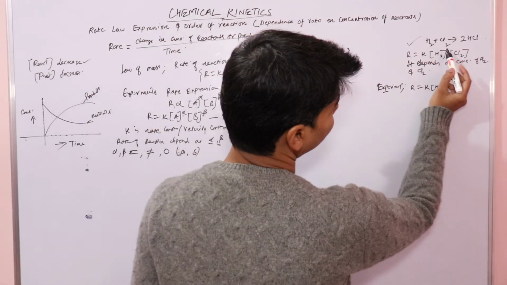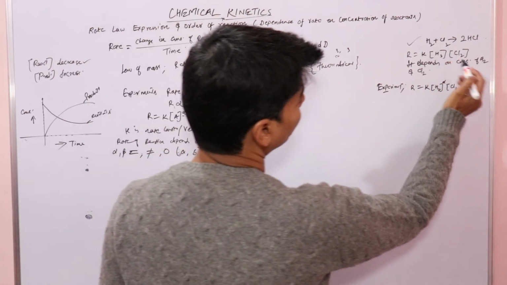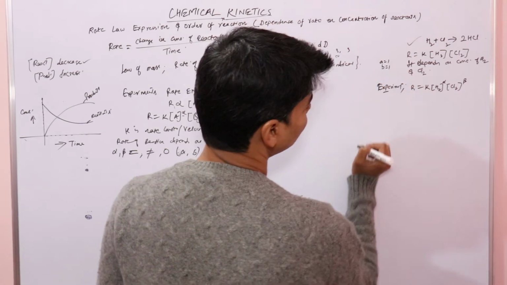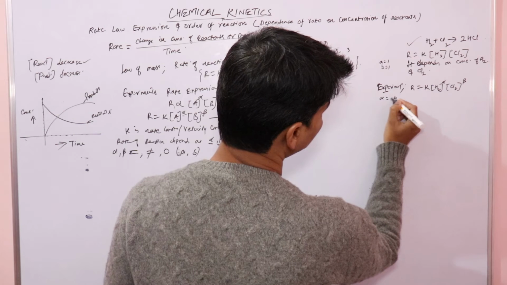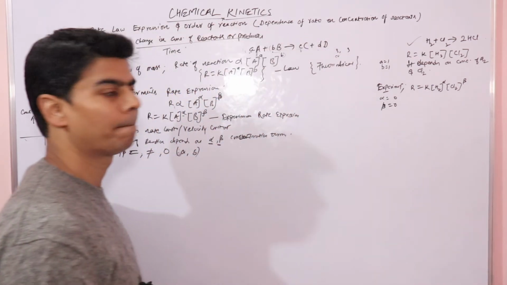Based on experiment, we found that alpha and beta are not equal to a and b. Here a and b are 1 and 1, a is equal to 1 and b is equal to 1. But experimentally I found that alpha is equal to 0 and beta is equal to 0.